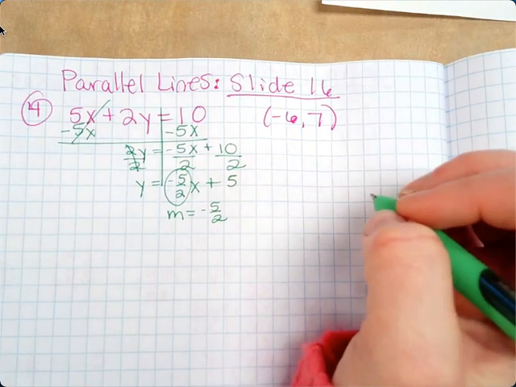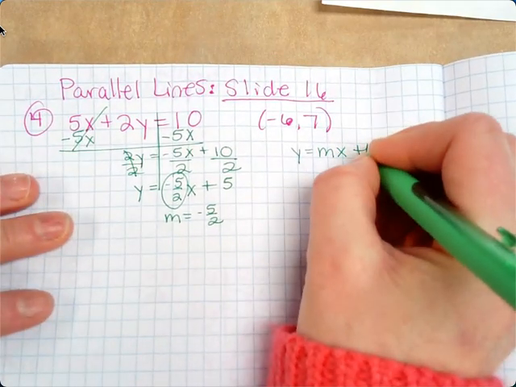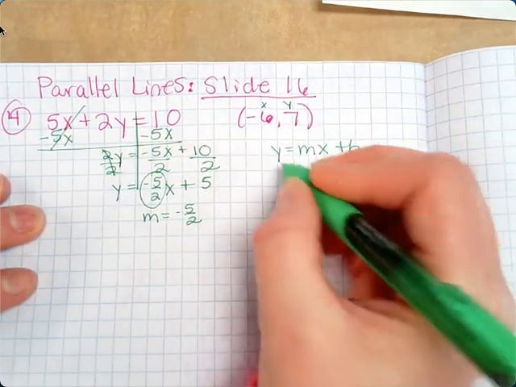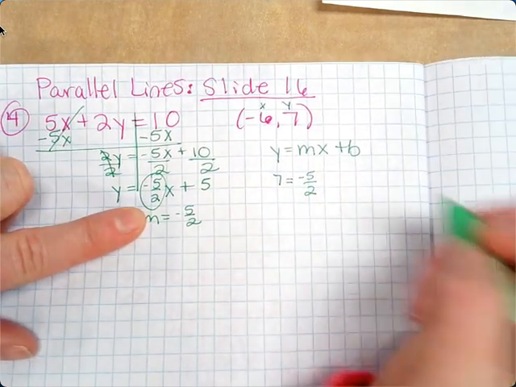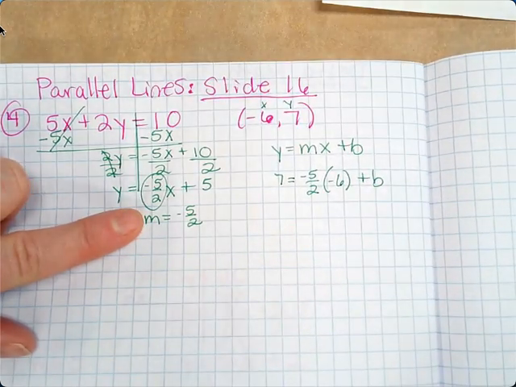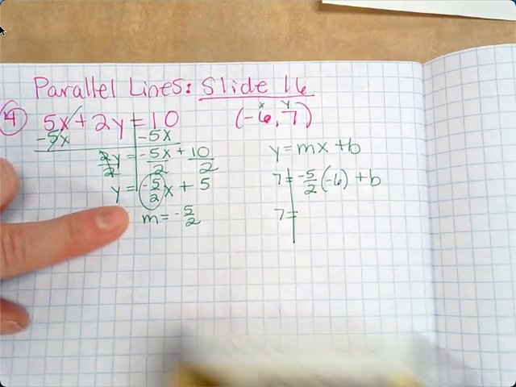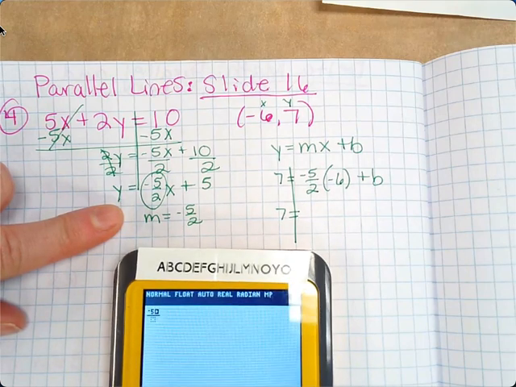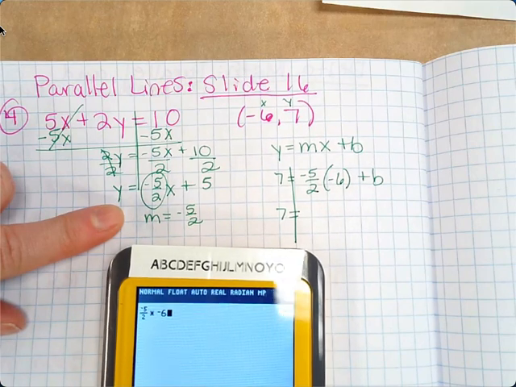So we can do the y equals mx plus b. I think that's what most of y'all liked. And we're going to plug in a y value. So this is x, y. 7 equals -5 over 2 times -6 plus b. So 7 equals, so you do -5 over 2 times -6.